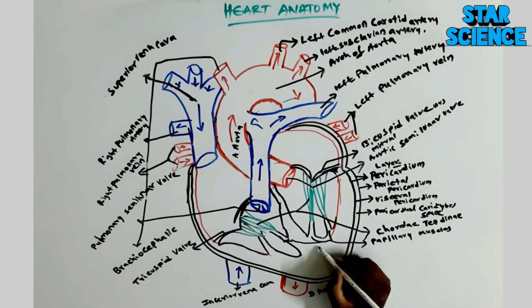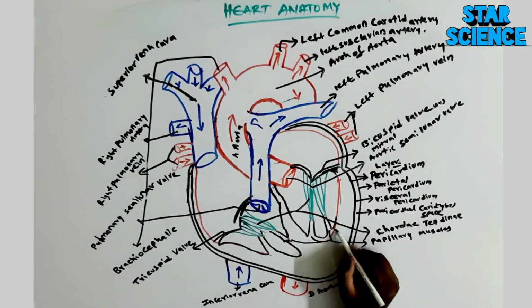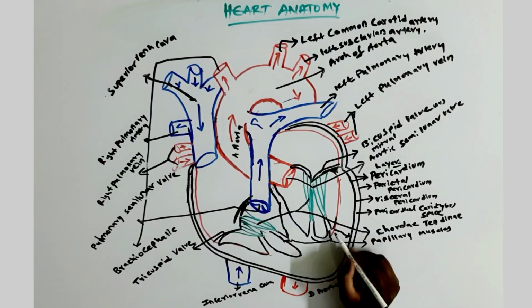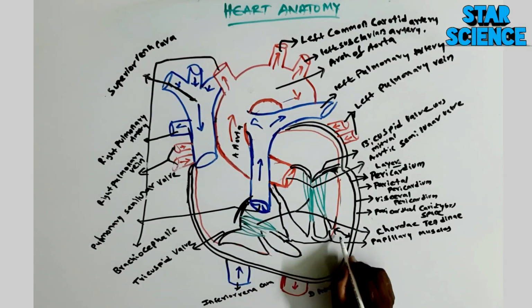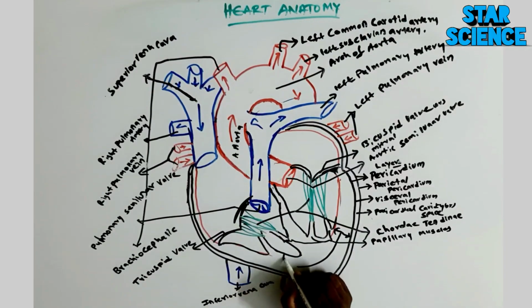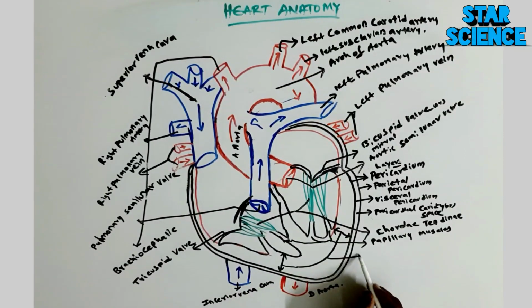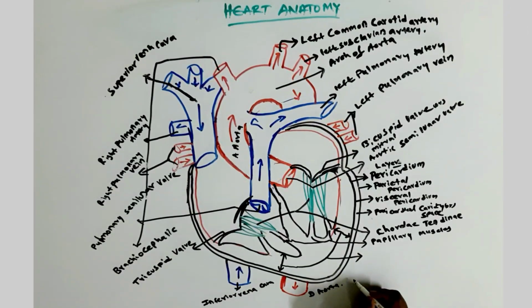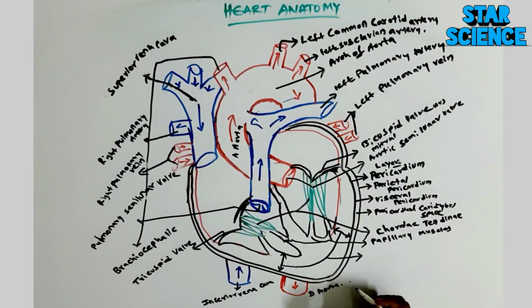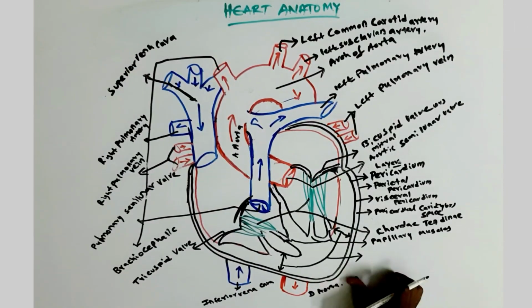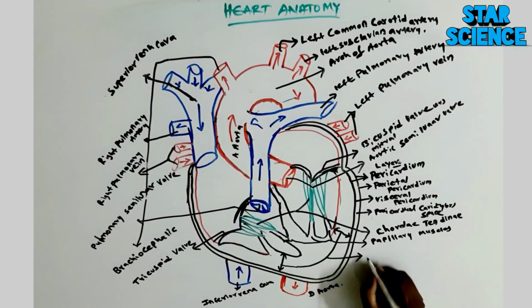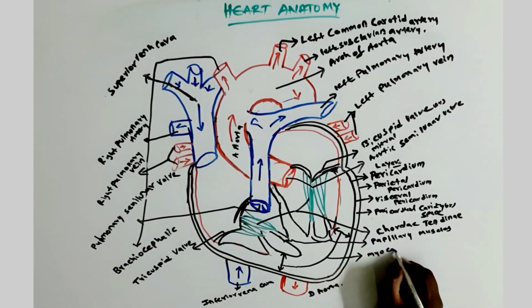Now I am showing you the next two layers of the heart. First I showed you the outer layer, which is the pericardium, and now I am showing the middle layer, called the myocardium. This layer, the myocardium, is responsible for the pumping action of the heart. You have to remember this particular layer, as it does the main work of the heart.